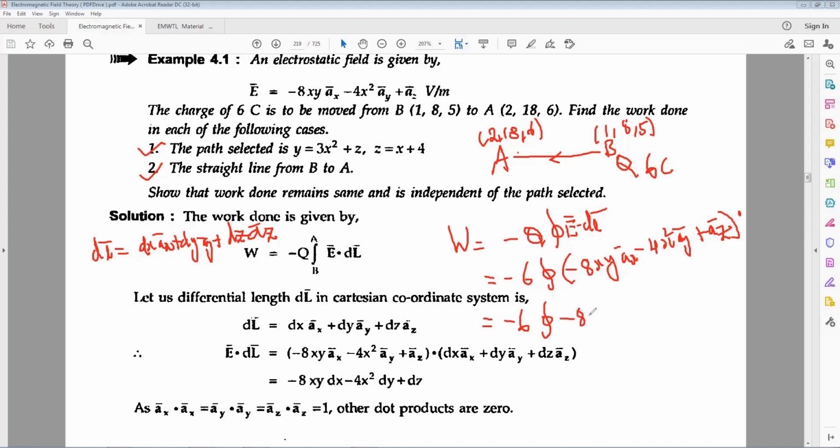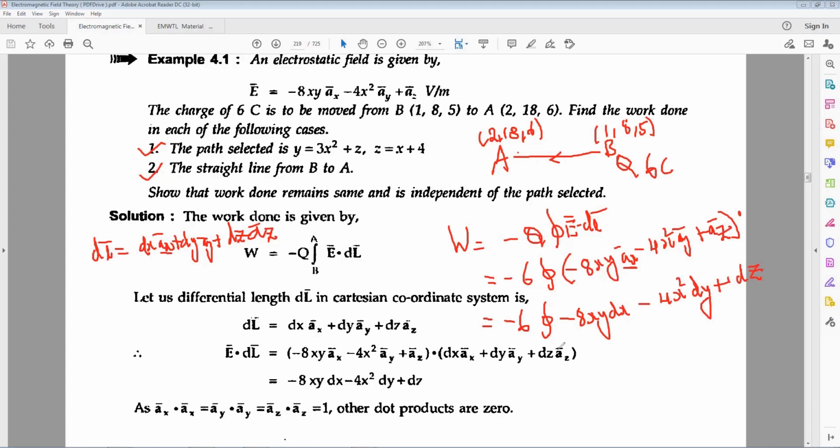So minus 8xy dx, because the coefficient of ax bar is dx, minus again 4x square into dy, plus az, only the 1 is there, and here the dz.